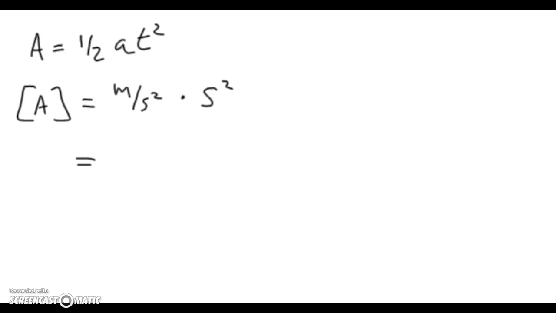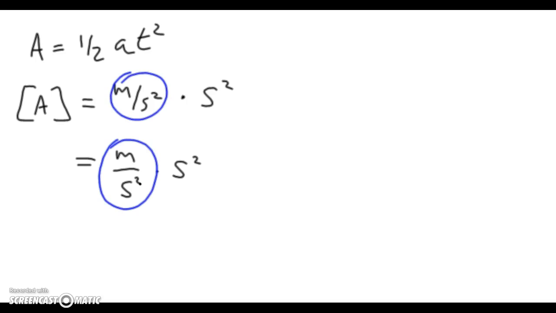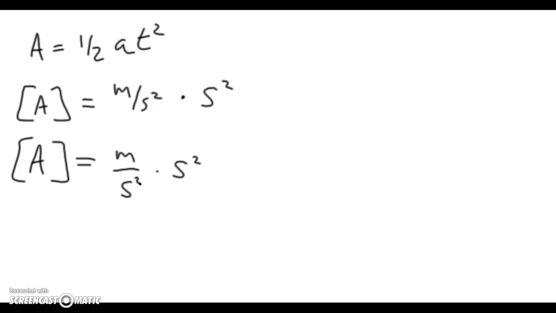Now, just to help out sometimes when I'm doing dimensional analysis or just looking at units, I won't use this slanted line for the ratio. I go ahead and write it out as a numerator and denominator. I think it helps make it look a little bit cleaner. But we're left with this expression right here. And so what do we get?